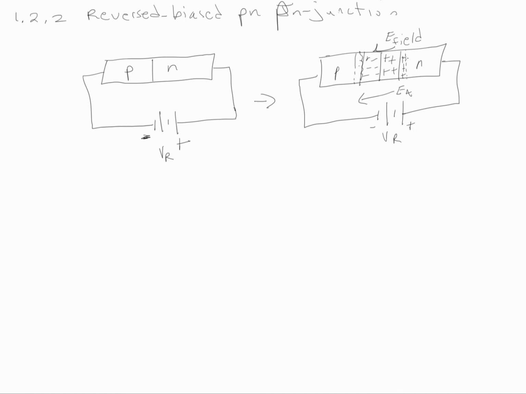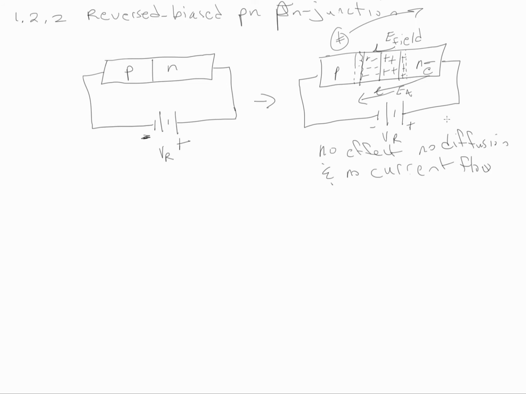And so now it's even harder for the majority carriers to move across that barrier. Holes don't want to go and electrons don't want to go. So the net effect is that there's no diffusion across the depletion layer, and therefore no current is flowing.